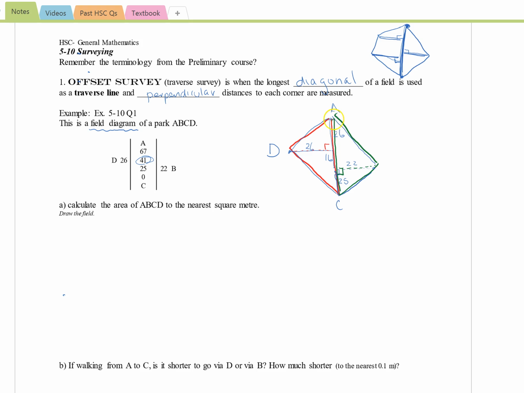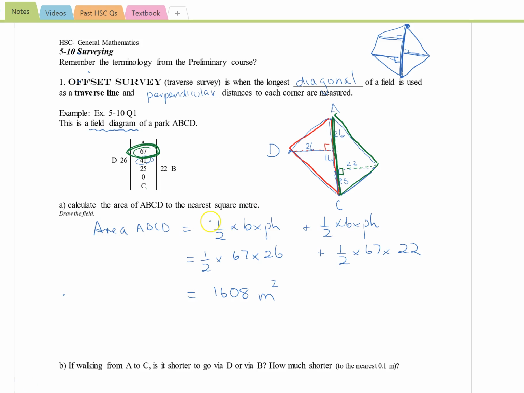We call this vertical line the base of the red triangle and the base of the green triangle. We can calculate the area of each triangle and add them together for the area of the total field. The entire base is 67, because 67 tells us how far it is from C to A. So it becomes a nice simple exercise in using the area of a triangle formula.